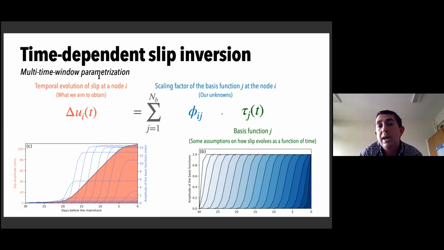The multi-time window parameterization is something that is well known from seismologists, because it's been used for quite a few years now to study earthquake rupture processes. The idea is that the time evolution at a given node is basically the sum of some basis functions that are going to be scaled. And what we are looking for in our problem is the scaling factor of these basis functions.